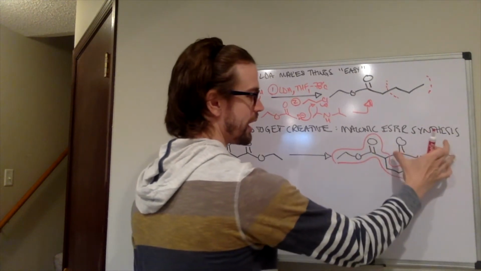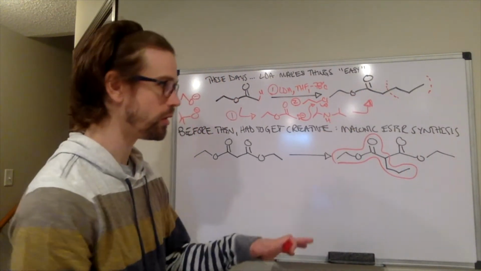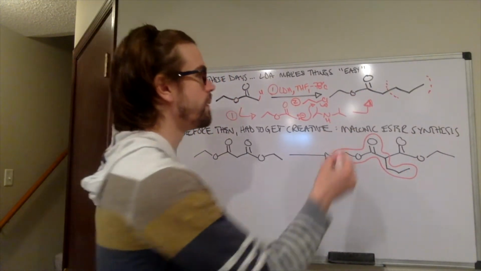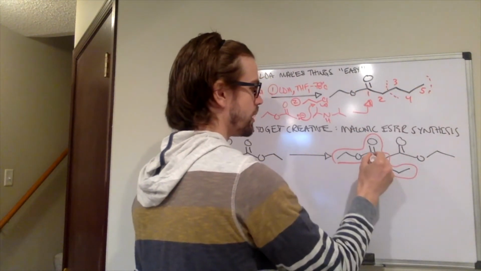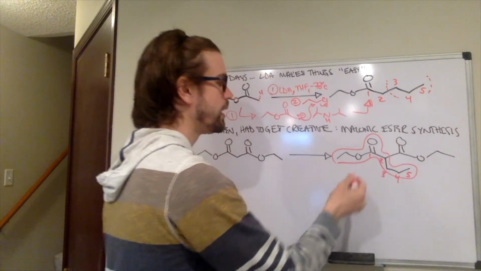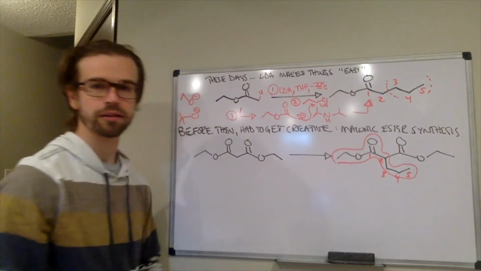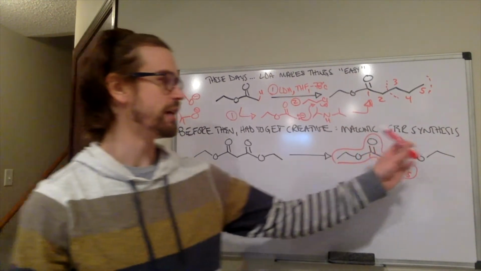So this extra stuff we didn't want, maybe we wanted to synthesize that molecule, and we've synthesized most of it, right? We have 1, 2, 3, 4, 5 carbons there, 1, 2, 3, 4, 5 carbons there, and then we have the ethyl ester, the same ethyl ester on the other side. So we have the same pieces, but we just have some extra stuff.